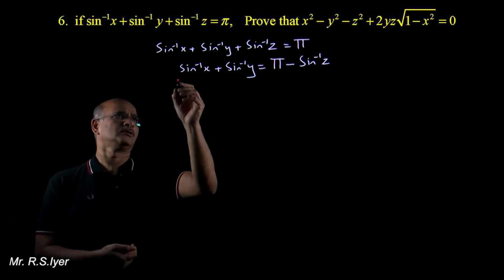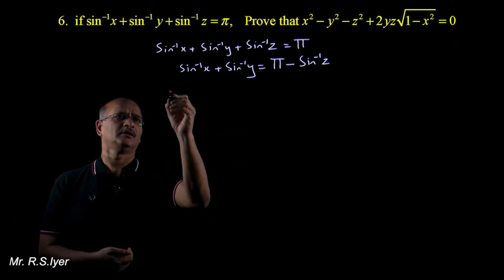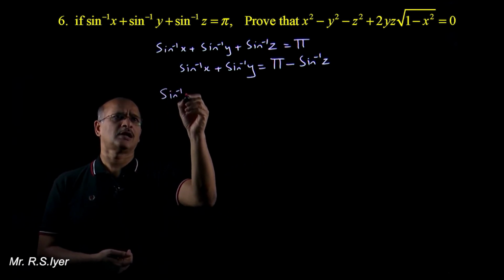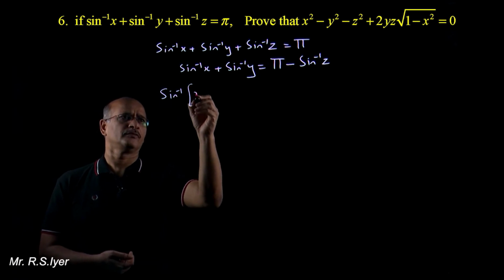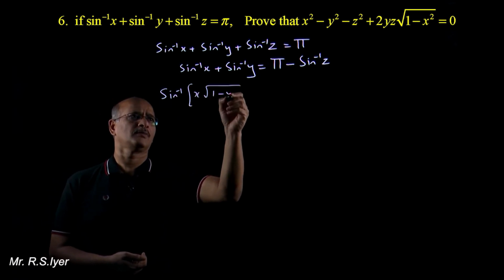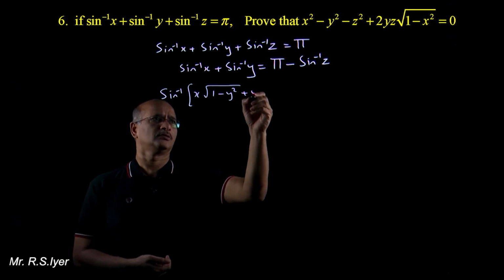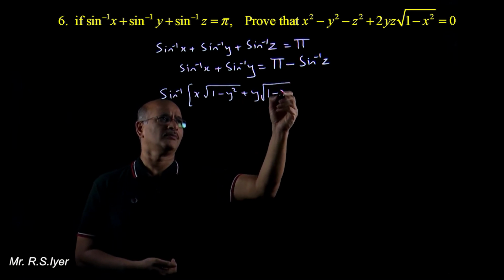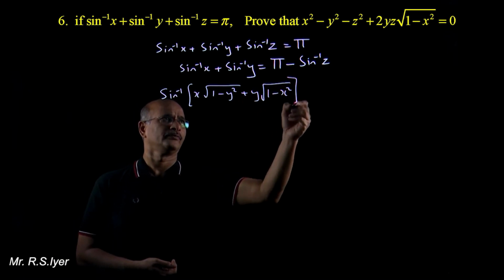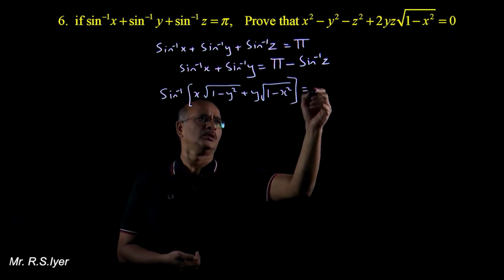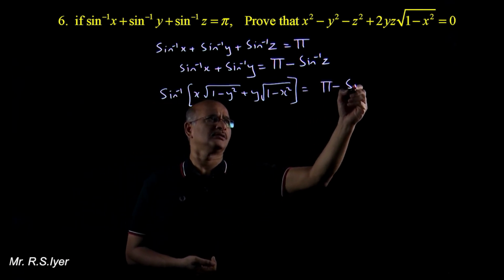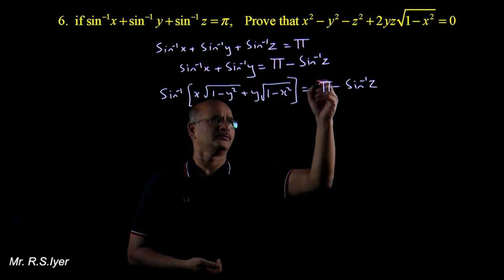So this will be sine inverse x plus sine inverse y. I can write here sine inverse of x root of 1 minus y square plus y root of 1 minus x square is equal to pi minus sine inverse z.